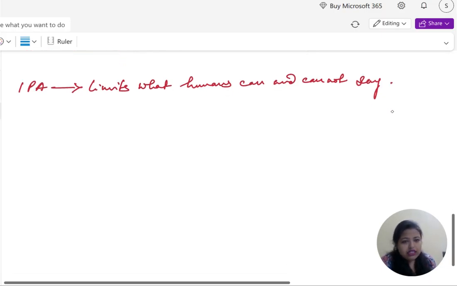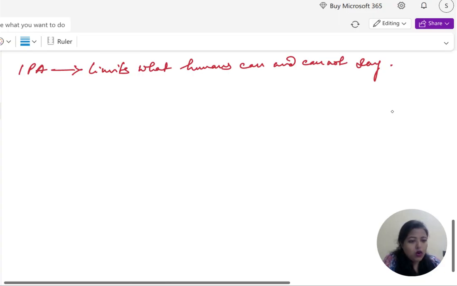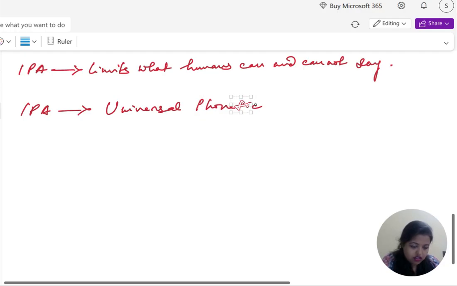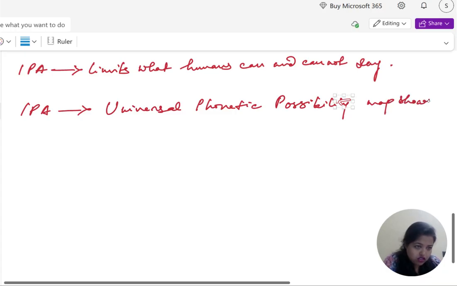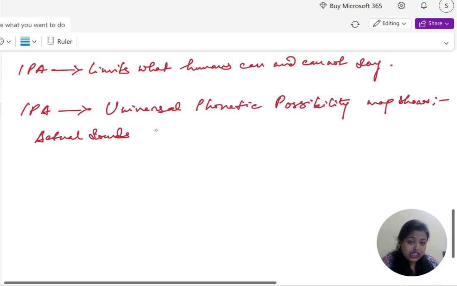Now coming to the in-depth study: the IPA is a universal phonetic possibility map. I should have said that in the beginning. The map shows actual sounds, which means filled cells.